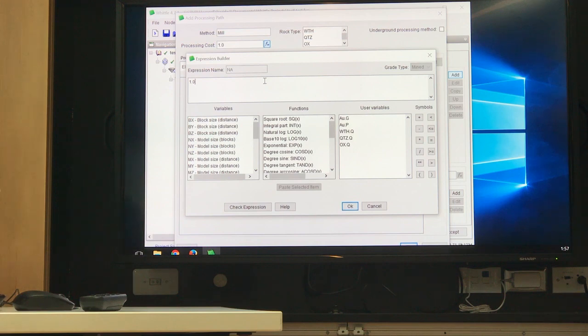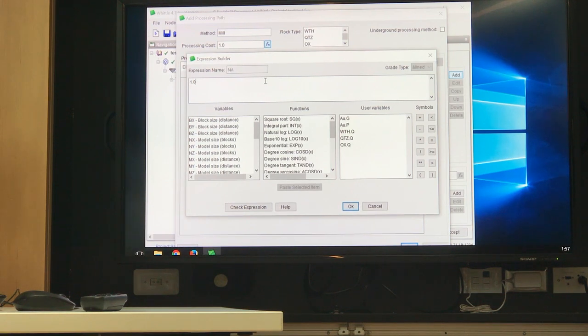Right. The grade recovery graph is something like this, correct? As the grade of material we are sending to the mill increases, the recovery also increases. It might not start from zero, it might start somewhere like this, and it becomes stable after a certain grade.